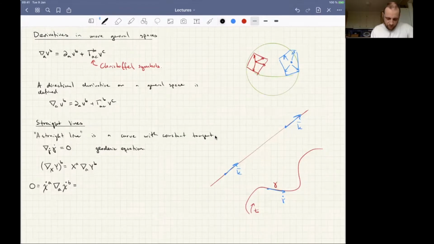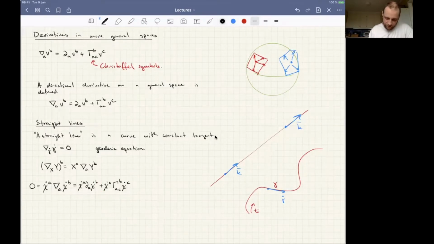Now, if I write this out using this definition of the derivative, what I get is chi dot^A d_A acting on chi dot^B plus chi dot^A Gamma^B_AC chi dot^C. And I'm going to leave the second term as it is.